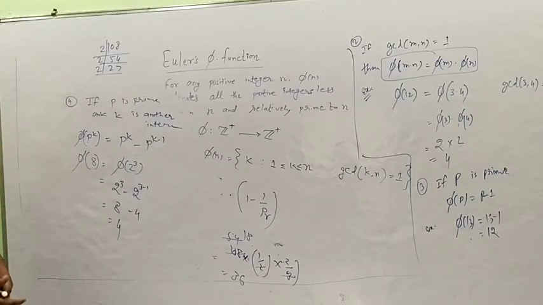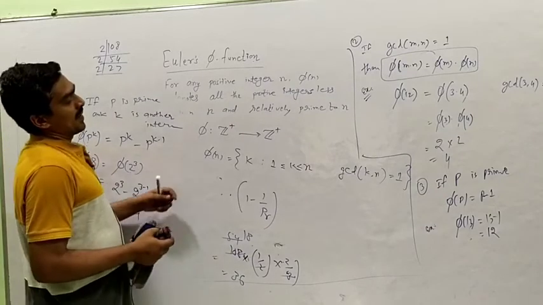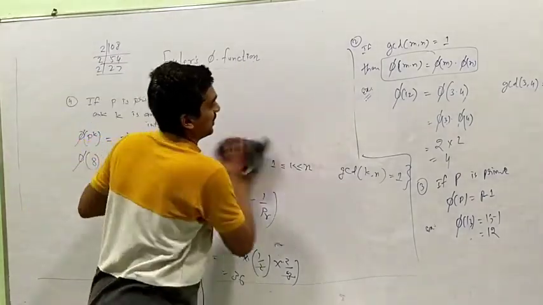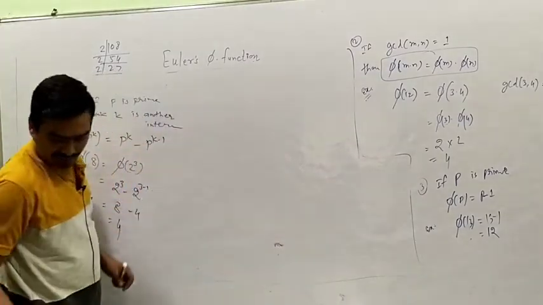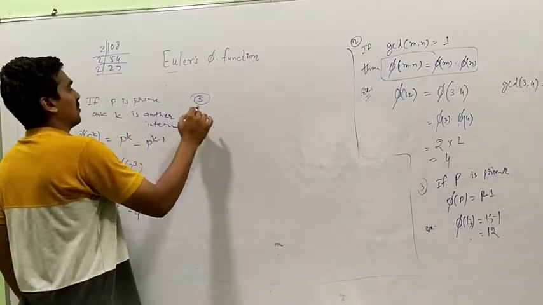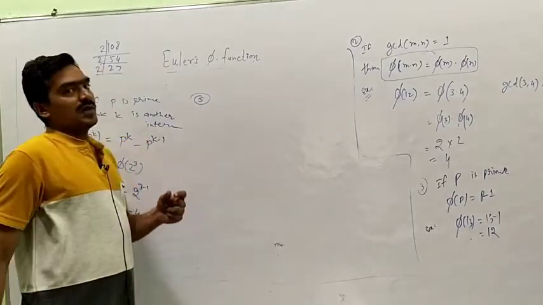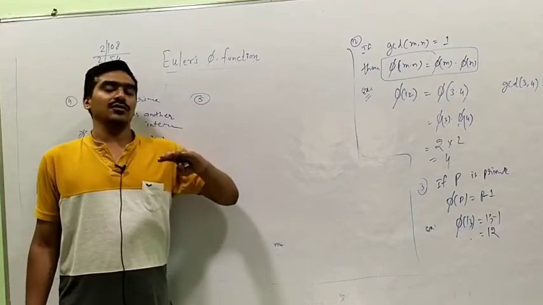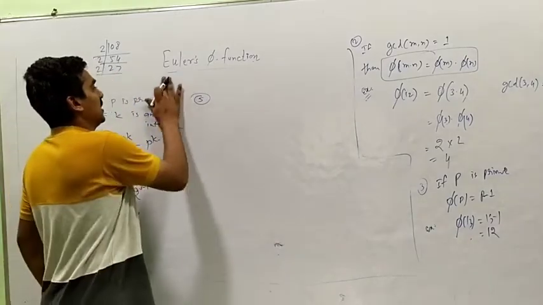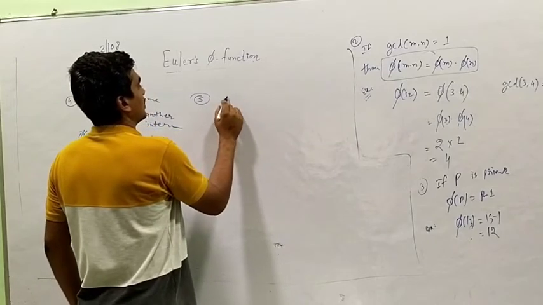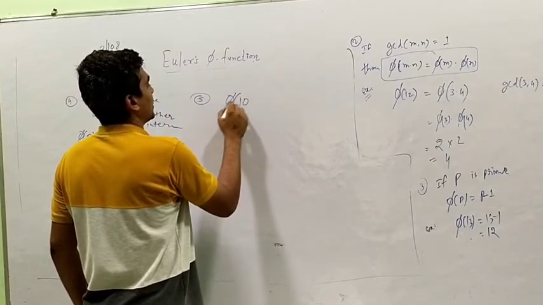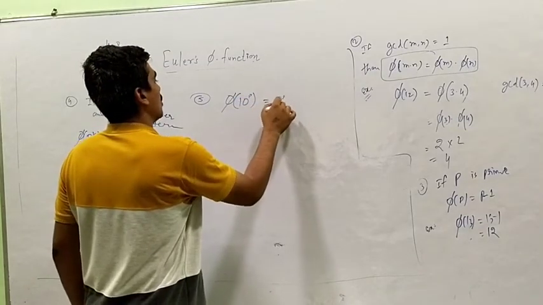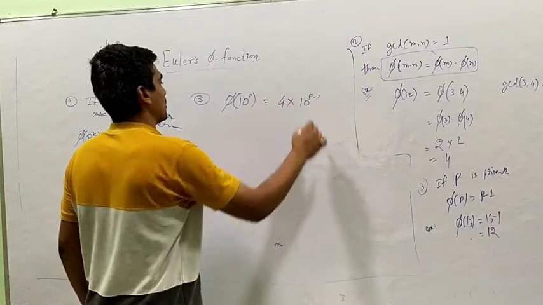Now we see another formula. Suppose we have a number in terms of 10 or a power of 10, that is phi of 10 raised to the power p is equal to 4 into 10 raised to the power p minus 1.